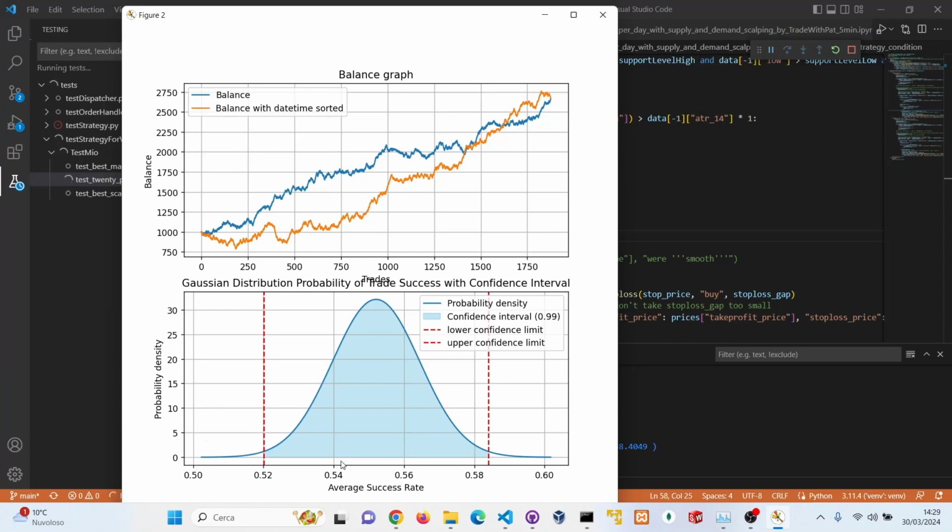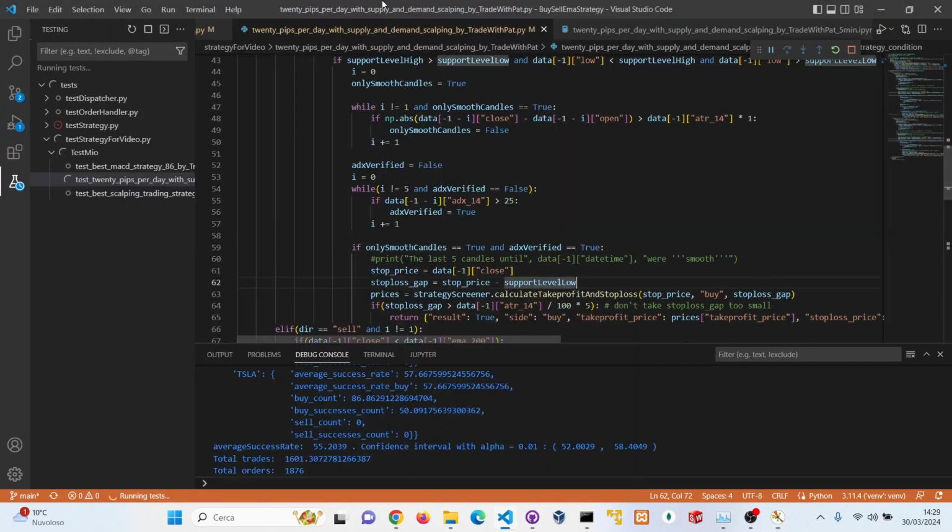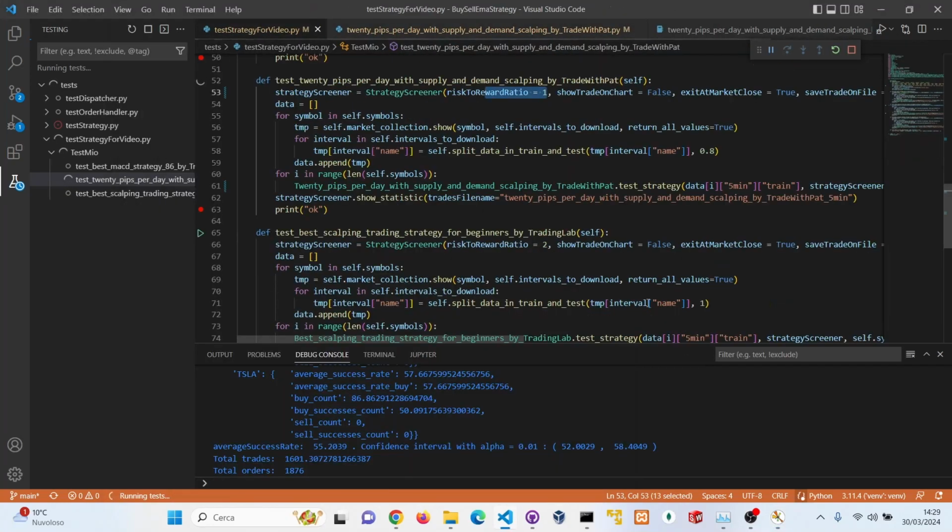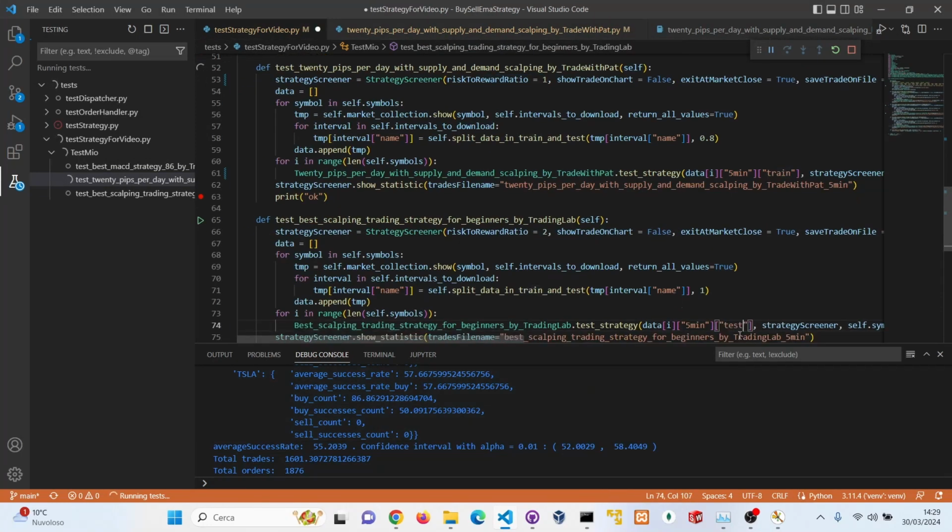So we are pretty sure the average success rate in the data test will not be 50%, but let's try on the test dataset and see how it performs.